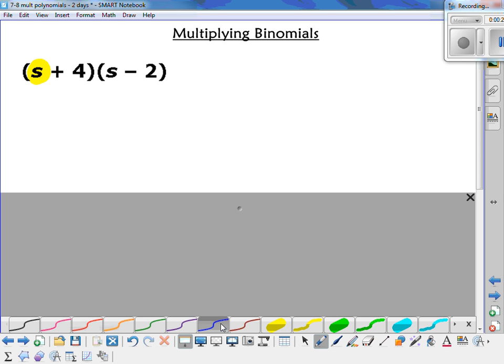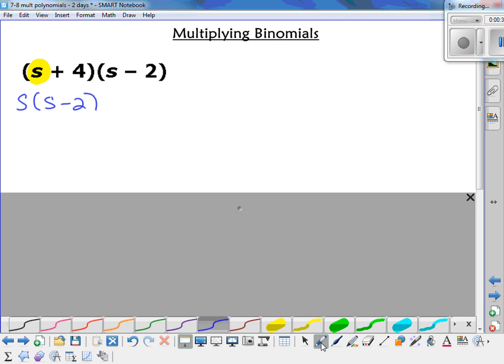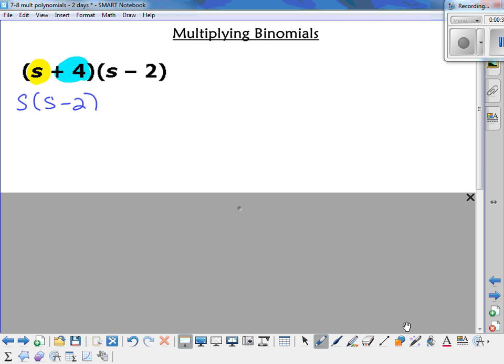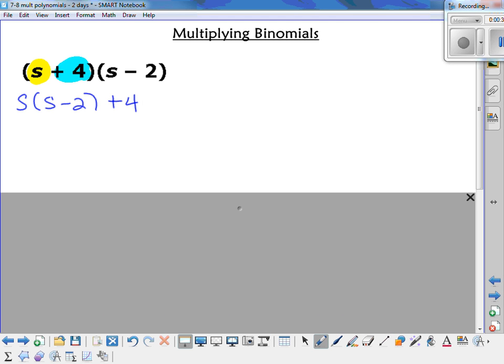So you can rewrite it as s times s minus 2, and then I have to take my plus 4, and I also multiply that times s minus 2. So all you're doing is you're distributing the first one to the second one.